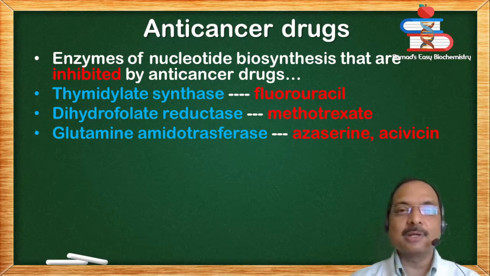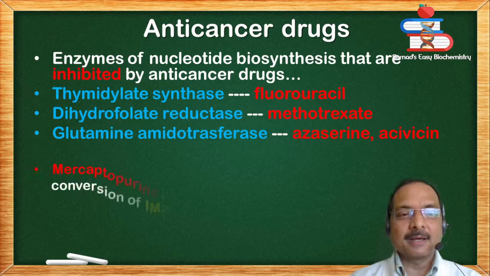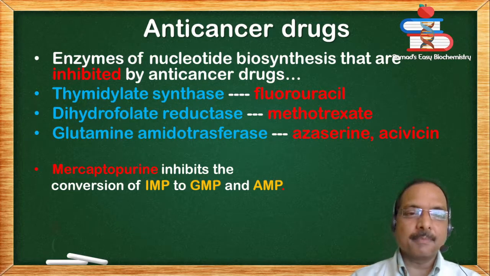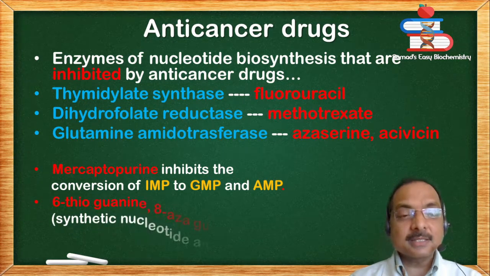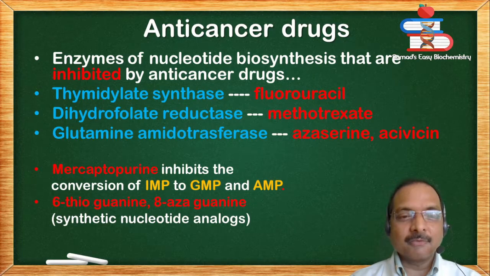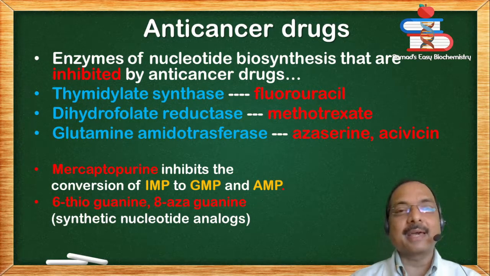So all these molecules are anti-cancer drugs. There is mercaptopurine that inhibits the conversion of IMP to GMP and AMP, and 6-thioguanine and 8-azaguanine, which are also synthetic nucleotide analogues.